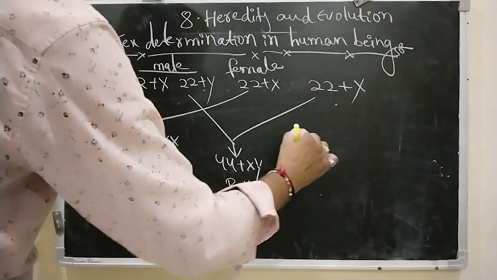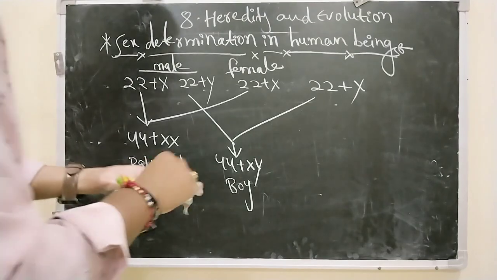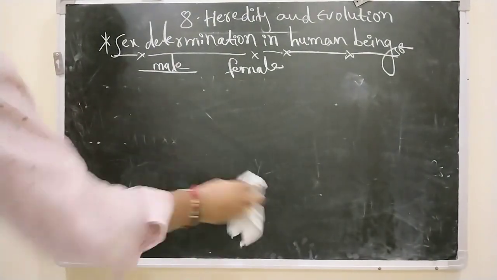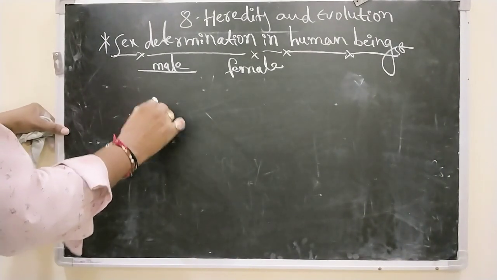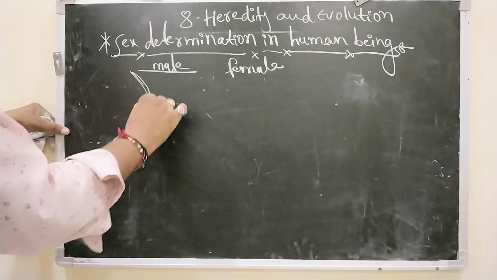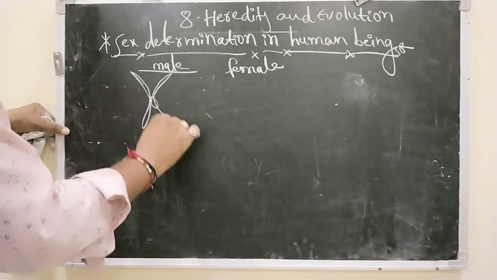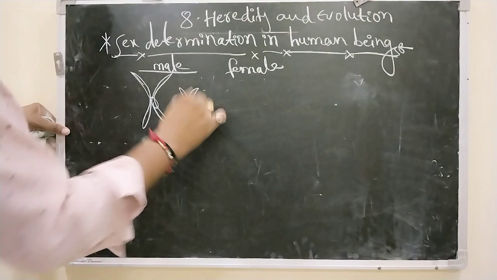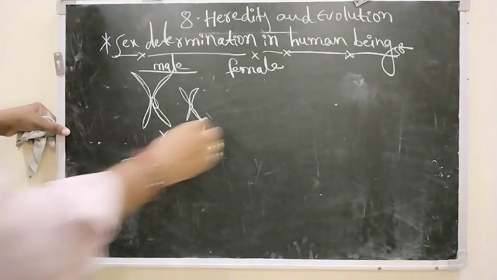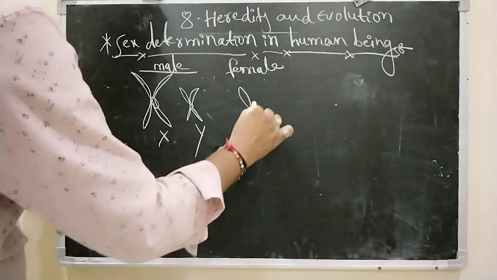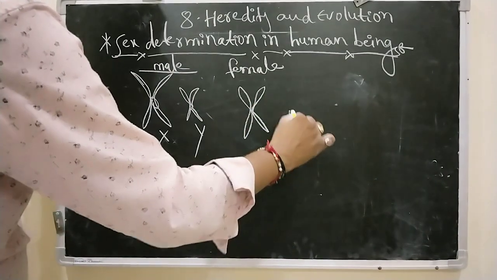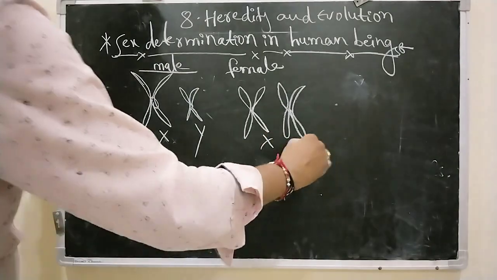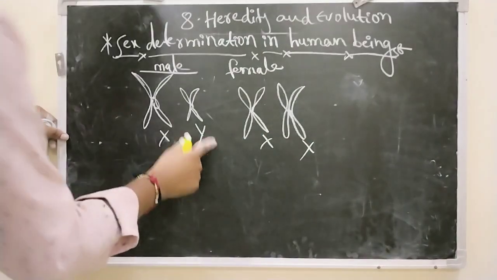The 23rd pair chromosomes are like this; we will draw here. This is the X chromosome, this is the Y chromosome. This is the X chromosome, this is the X chromosome. The Y chromosome is short.